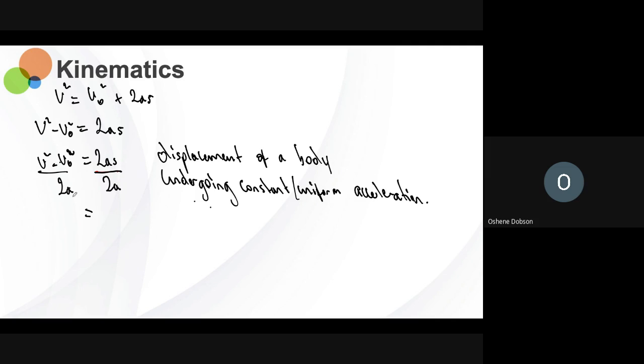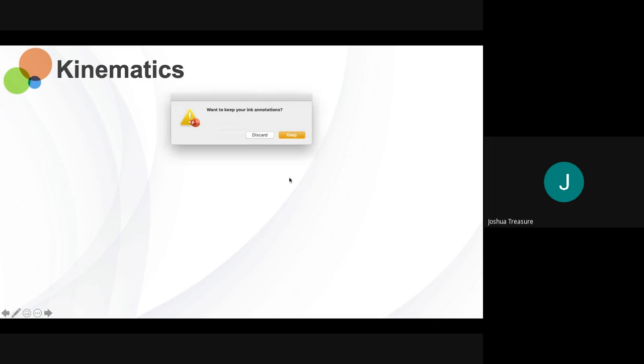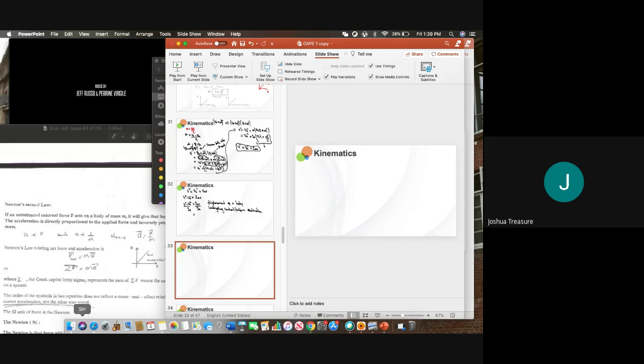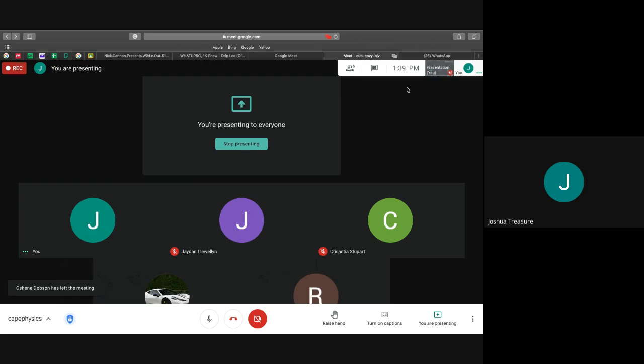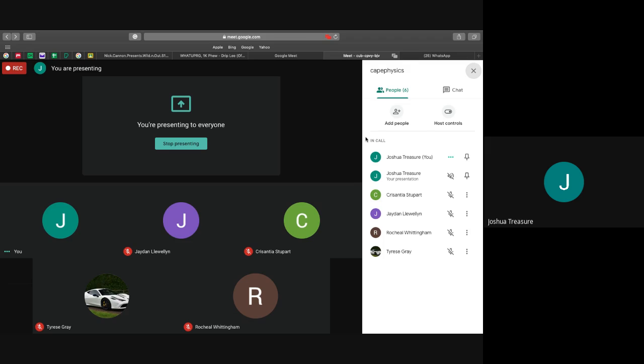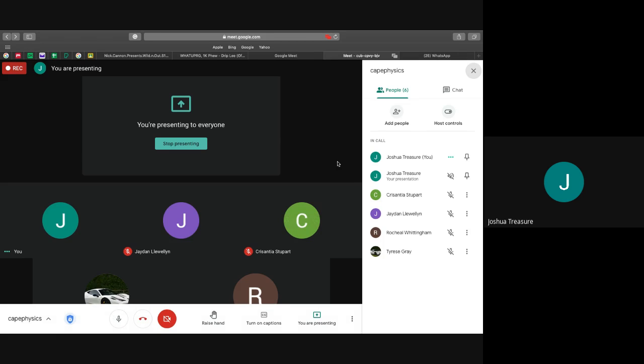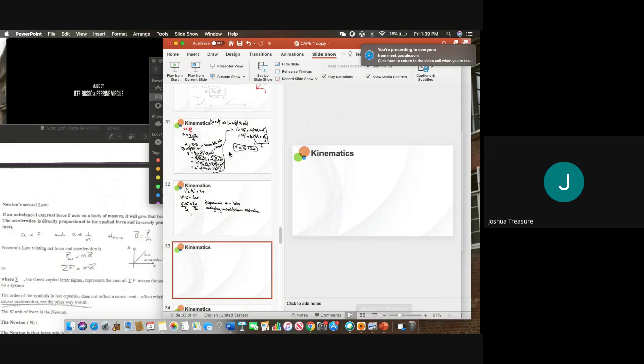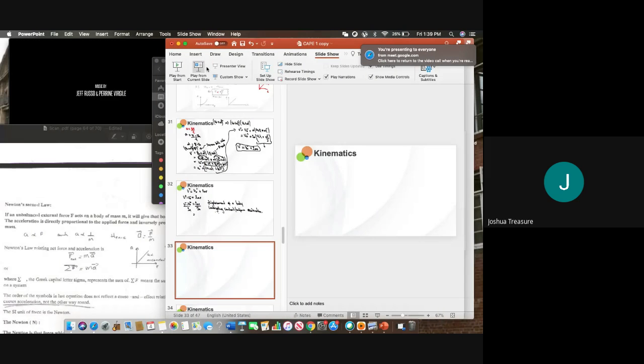Let me type it. Yeah, because we wanted to find S. That's what we're trying to find. So we want to find the displacement of the body.